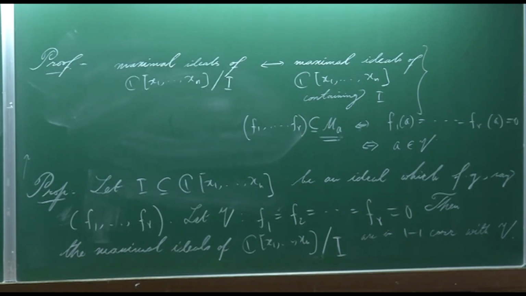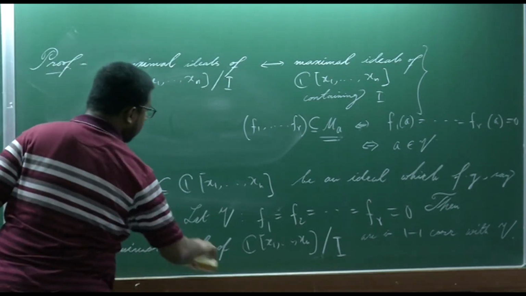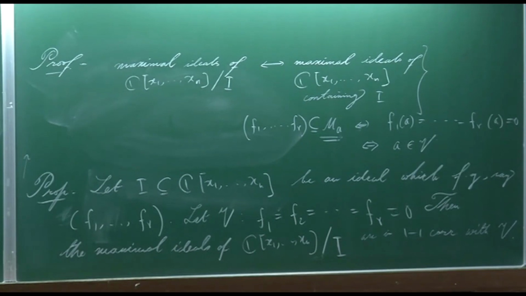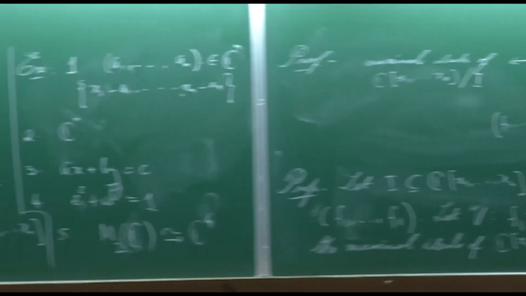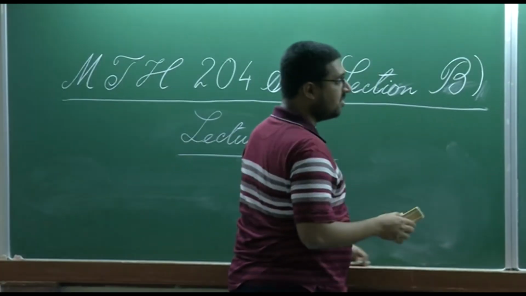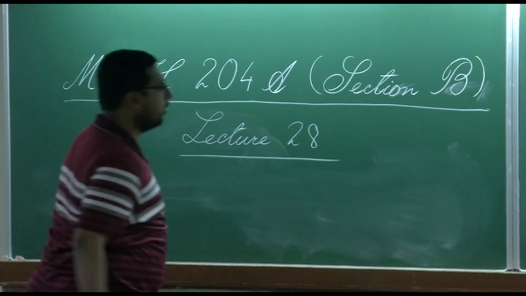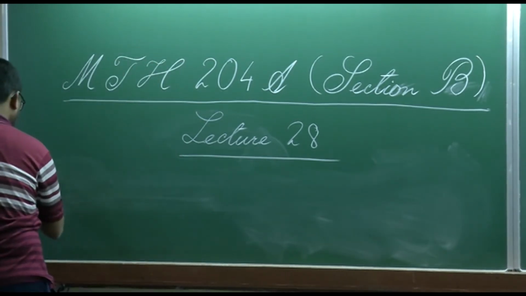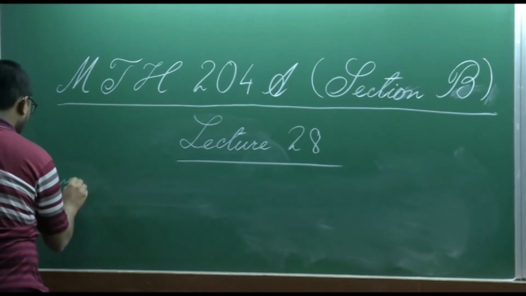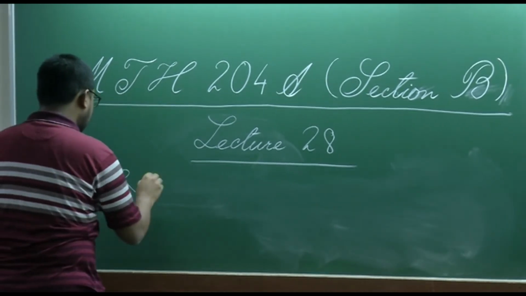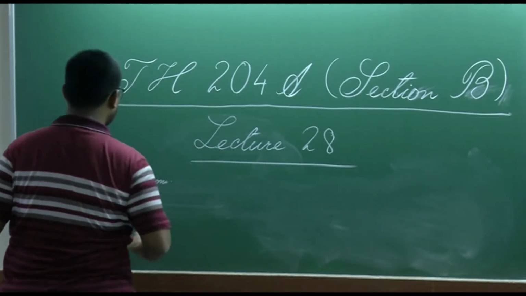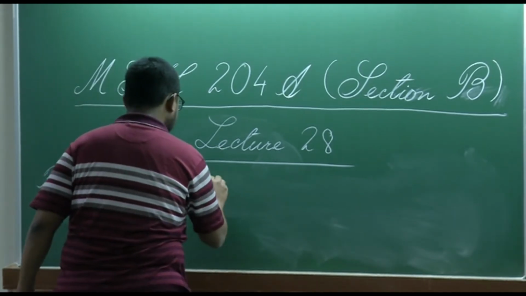And another important and immediate corollary of this is the following. But before that, let me put a remark. As earlier, I take R to be a commutative ring and I an ideal.